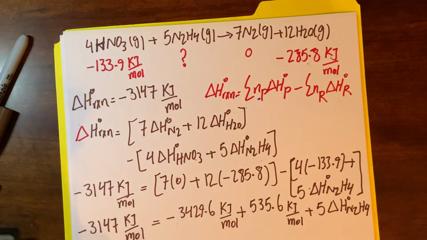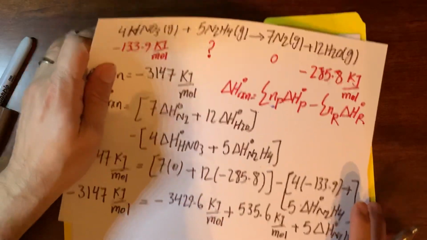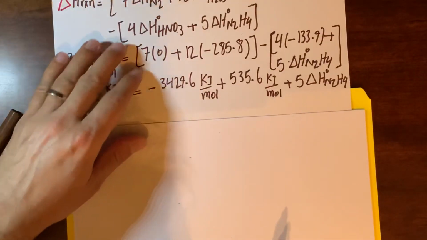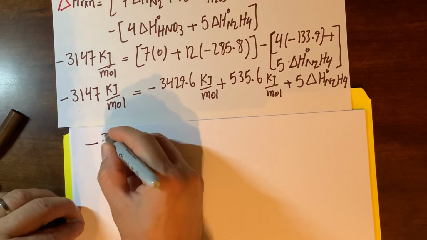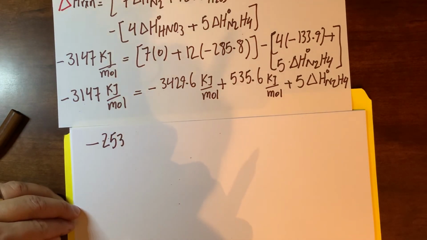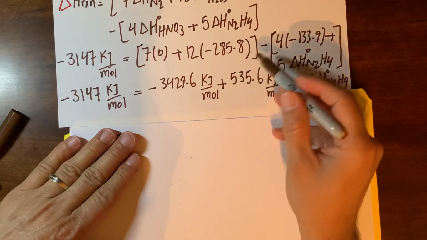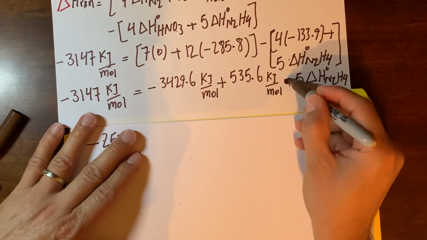Okay, so now I'll do the calculation, and so we have minus 3147 plus 3429.6 minus 535.6. This one is going to give me minus 253. Sorry, here I forgot, before I go, minus to minus will be positive, minus to this one, this one is going to be negative.